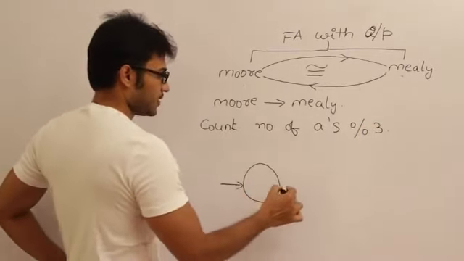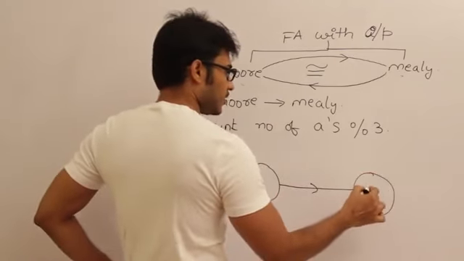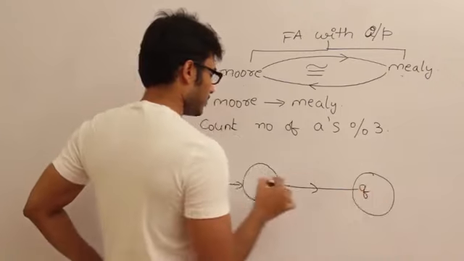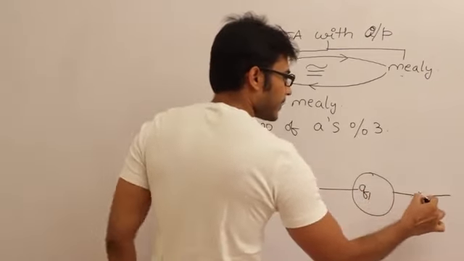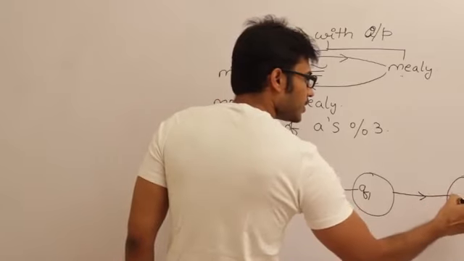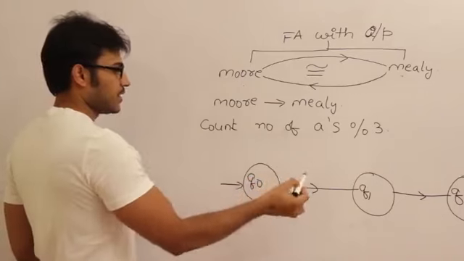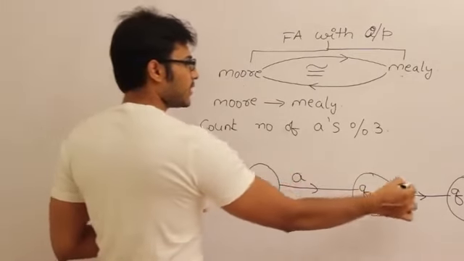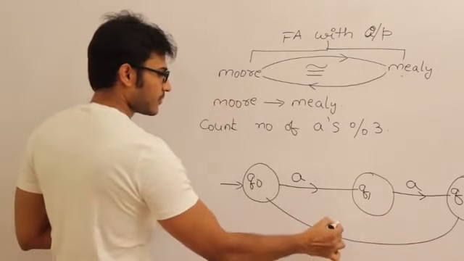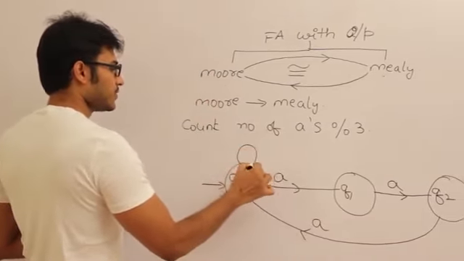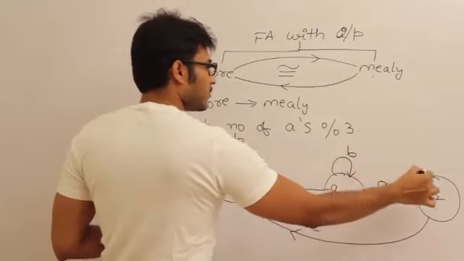We'll have three states: Q0, Q1 and Q2. So let us assume that we are counting only A's. On A's we are counting, and on B's we will not count.